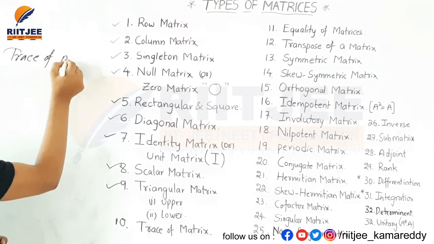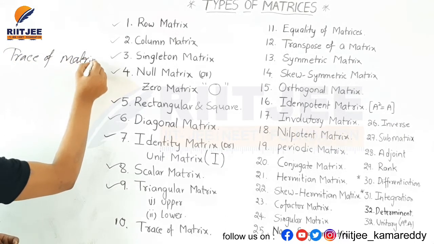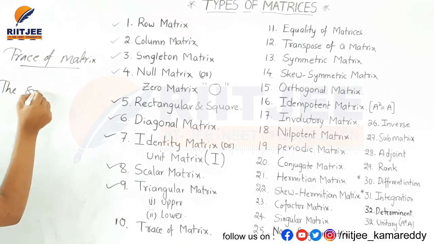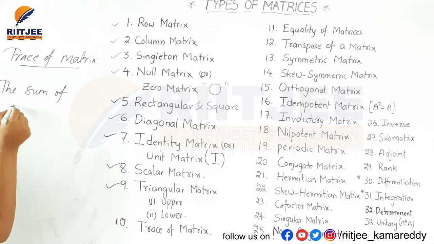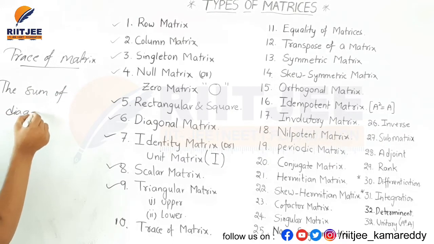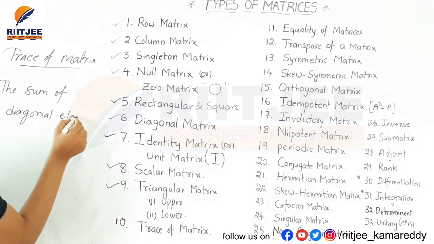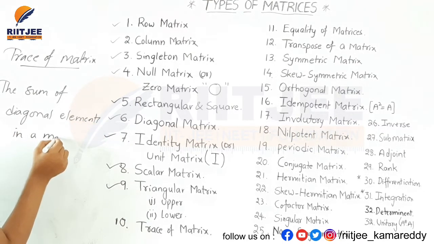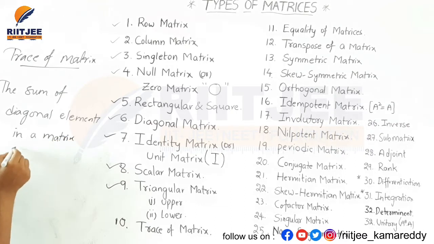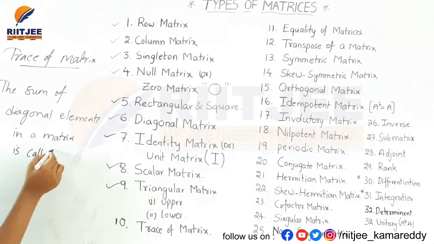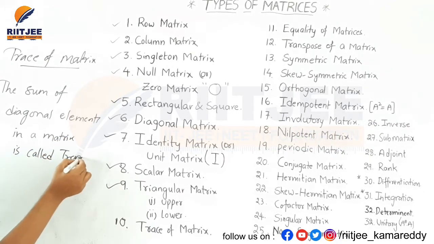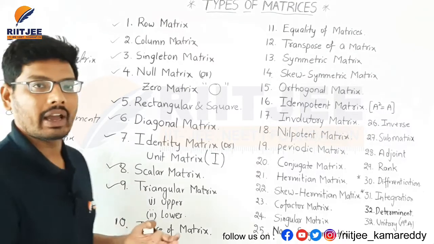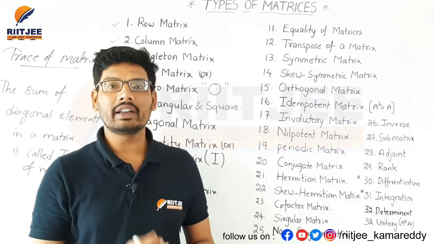Trace of a matrix is nothing but the sum of diagonal elements in a matrix. The sum of diagonal elements in a matrix is called the trace of a matrix.